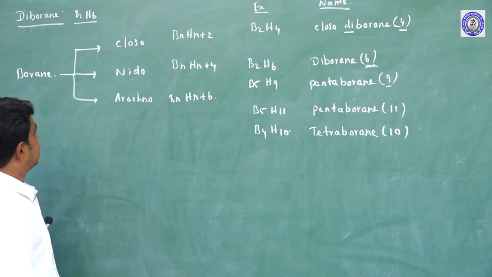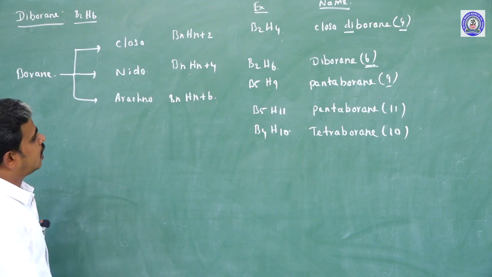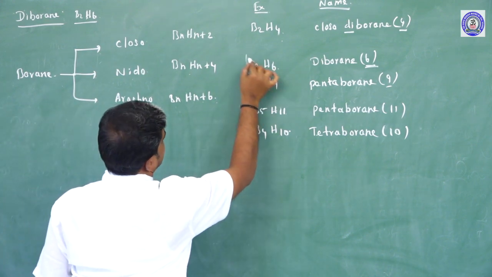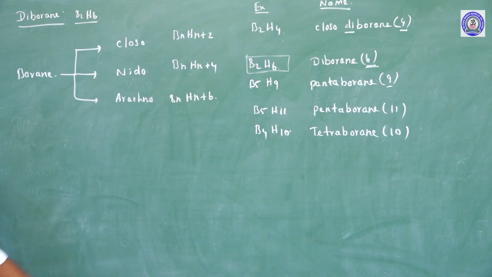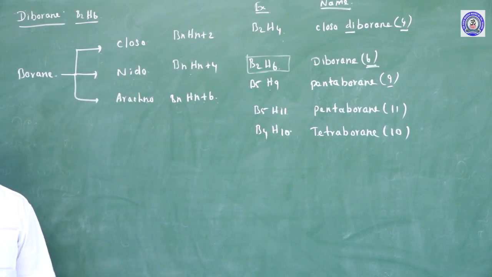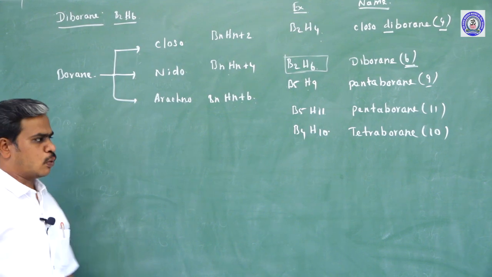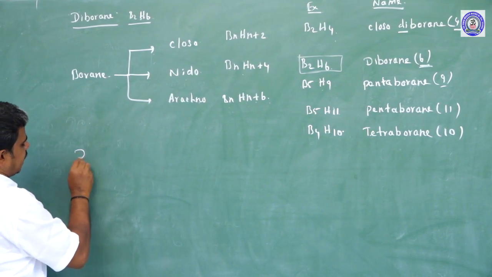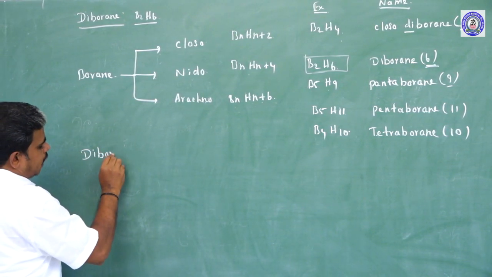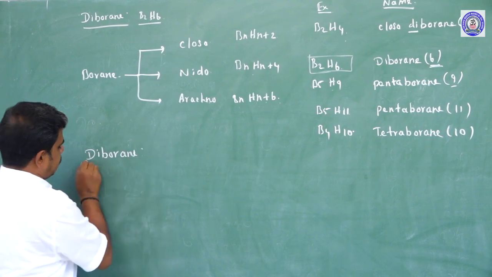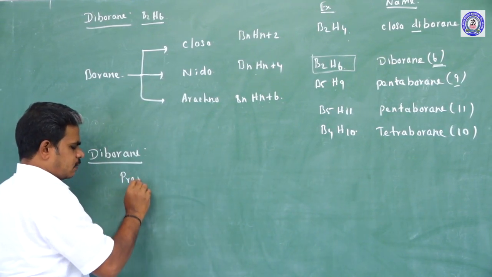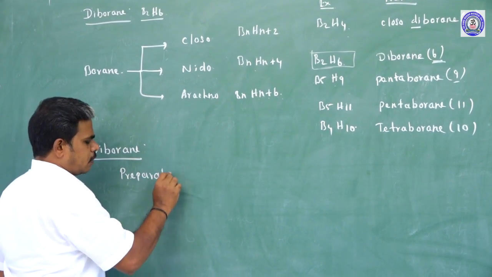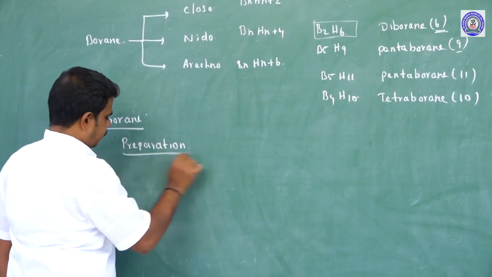So, it is borane. Now, we take diborane. Diborane is a type of nidoborane. Now we may take the preparation methods of diborane.